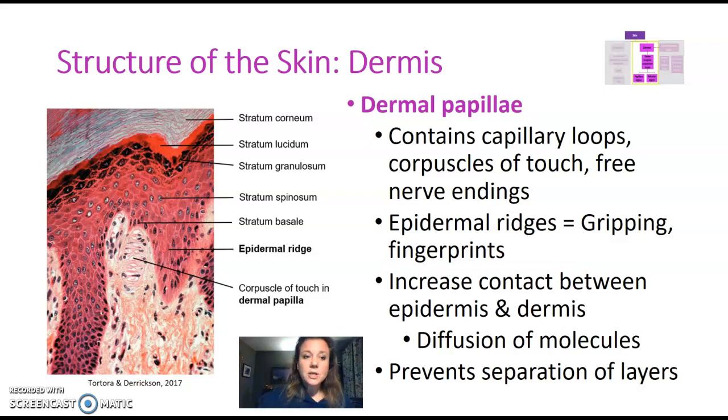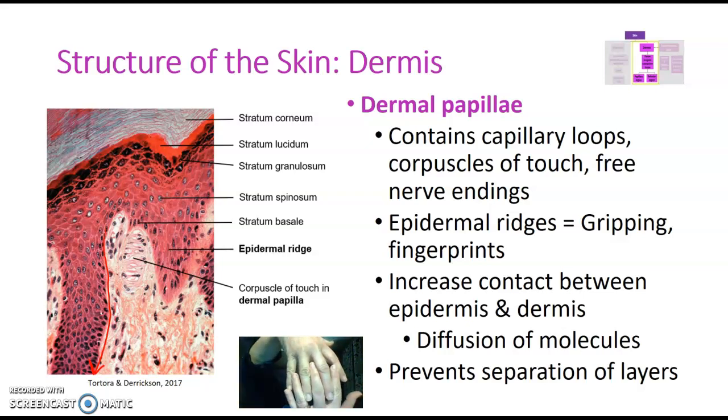Now, the portion of the epidermis that extends down into the dermis itself, these are called the epidermal ridges. So you can see that the dermal papillae are going to extend upward while the epidermal ridges extend down.